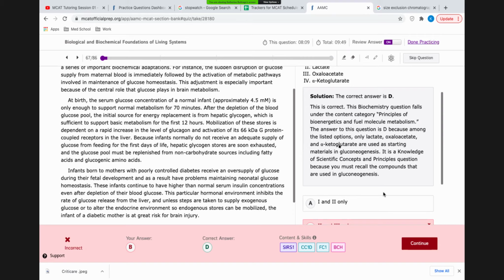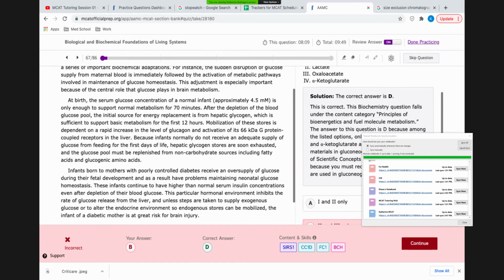Lactate, I initially thought maybe not, but it is in all the choices, so it must be. So that's probably a non-carbohydrate source. But alpha ketoglutarate, I guess I didn't remember. Let me look at my metabolism notes.